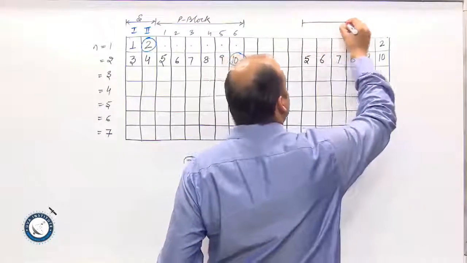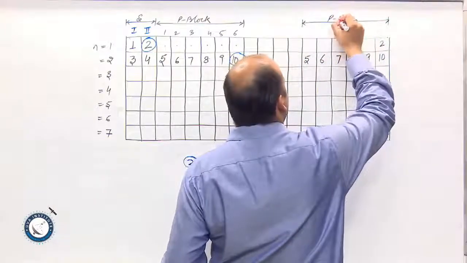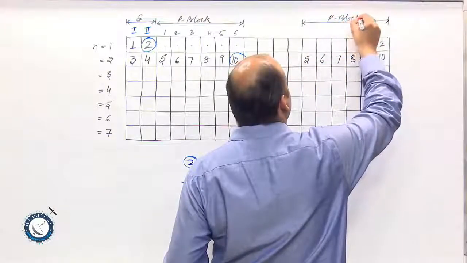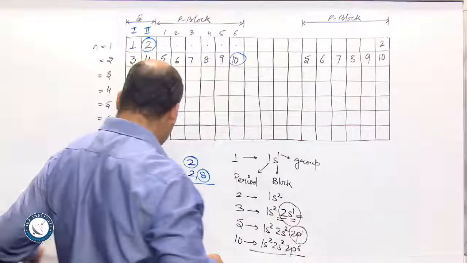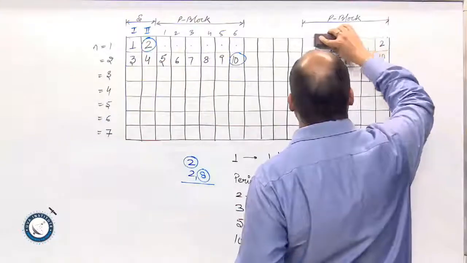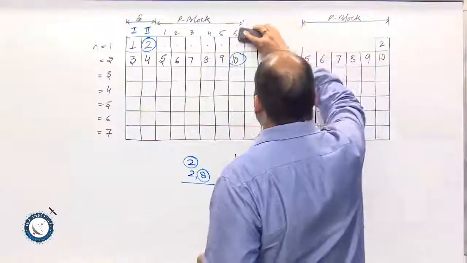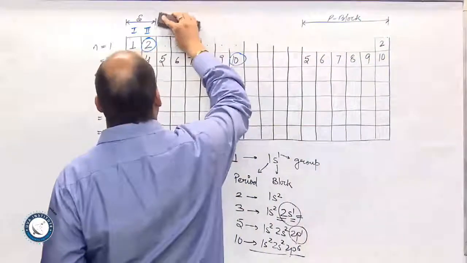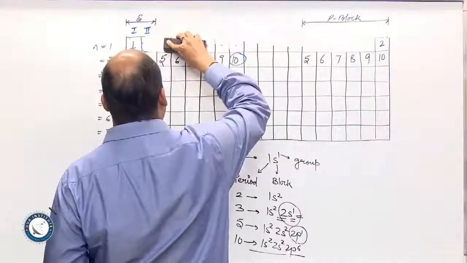So this means that this is the p block. And if this is the p block, then all these blocks which are empty, I don't need them.